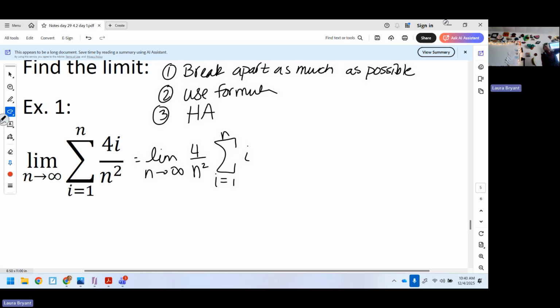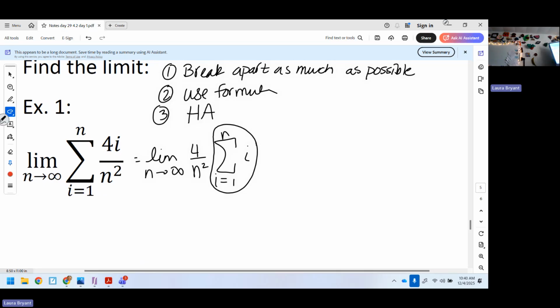And by breaking it apart, now I get a step that I can do. So the step is that this has a formula. I is one of the formulas that we have to memorize. And it's n times n plus 1 over 2. It's a little different than what we did a second ago, because a second ago we had a number up there. Now we have a letter up there, but that's okay. You're just going to write your formula with n instead of the number.